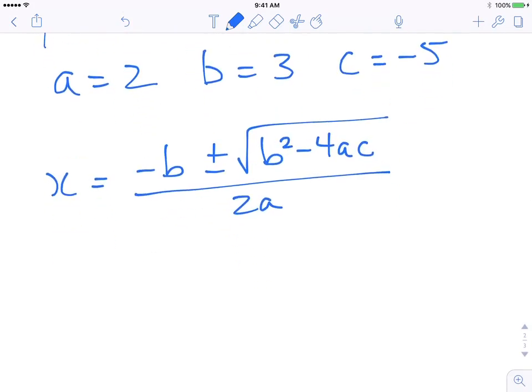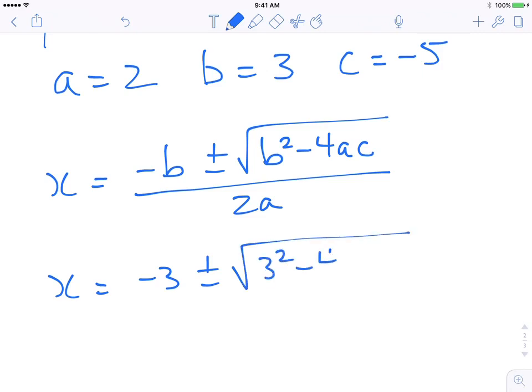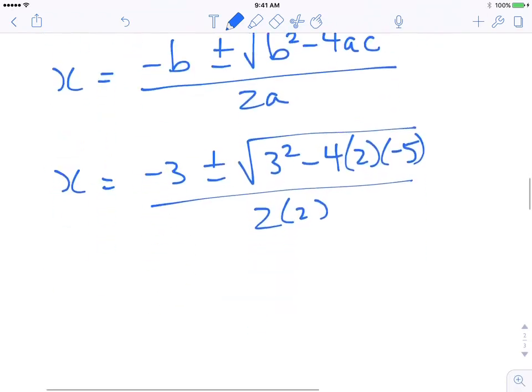Again, consult page 293. We're going to sub in negative b. So in this case, b is 3. So I have negative 3 plus or minus the square root of b squared, which is 3 squared, minus 4 times, and a is 2, c is negative 5. The whole thing is over 2 times a, which is 2 in this case.